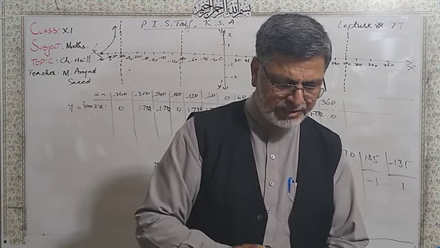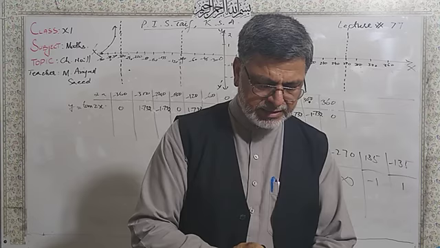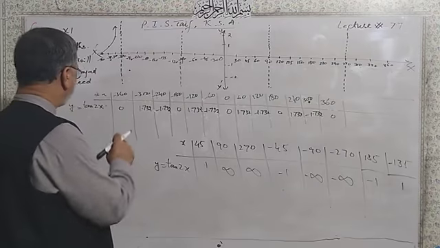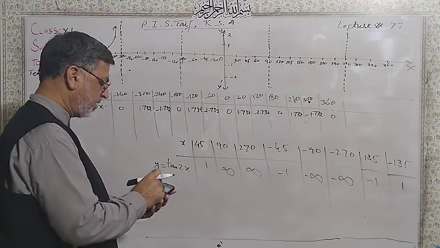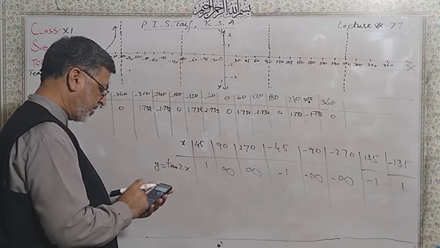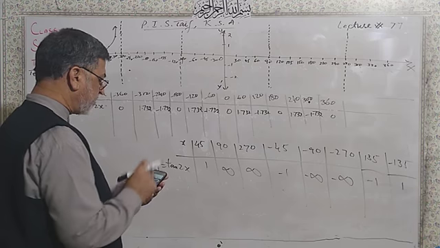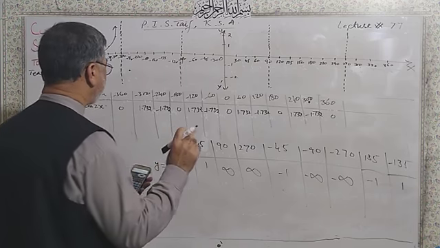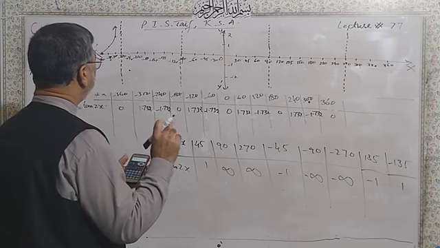And minus 210. This is the central value. Yes, tangent minus 210, we can check it. Dear student, it is minus 0.577. So it is minus 0.6.